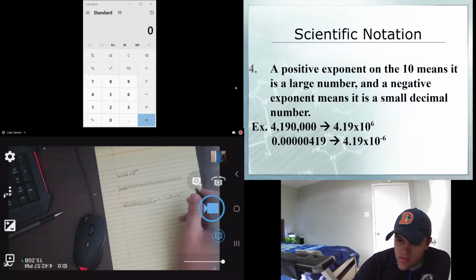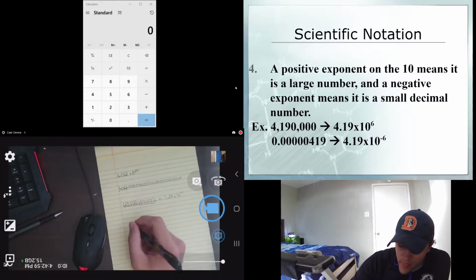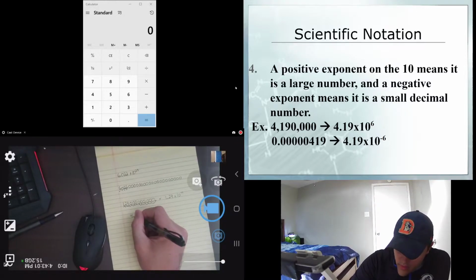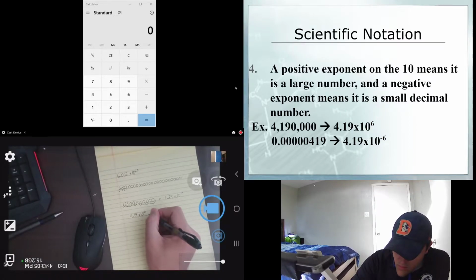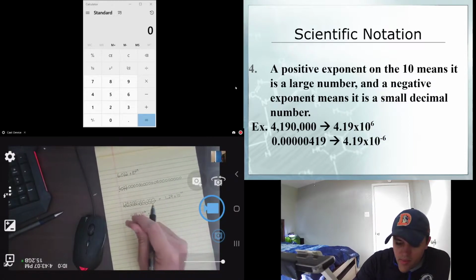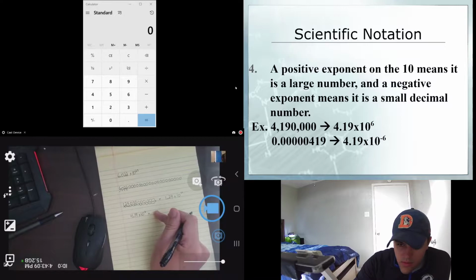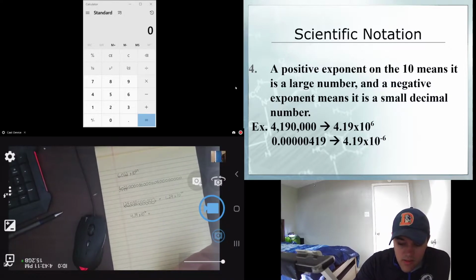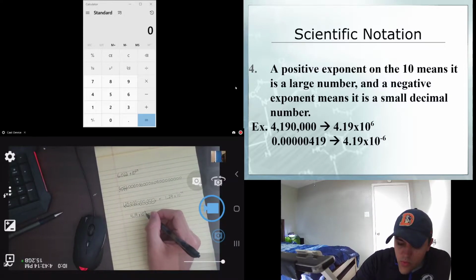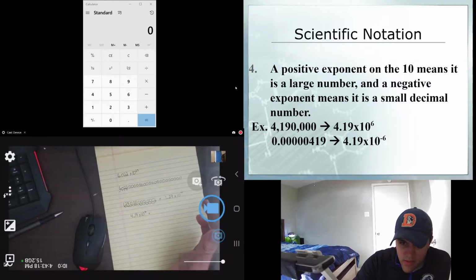If we look at these examples here, we've got 4.19 times 10 to the 6. And if we're going to convert that back to original standard notation, we know that we need to move the decimal point 6 places because it's to the power of 6.